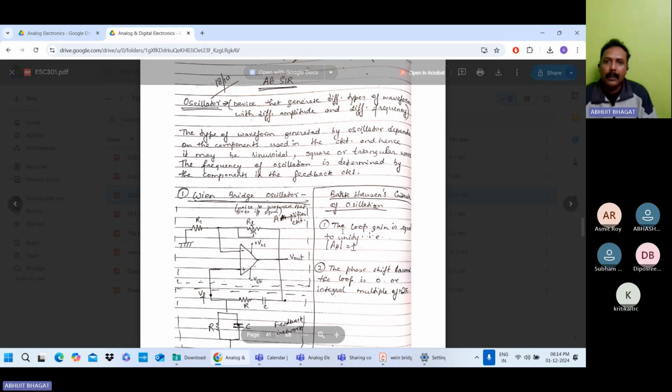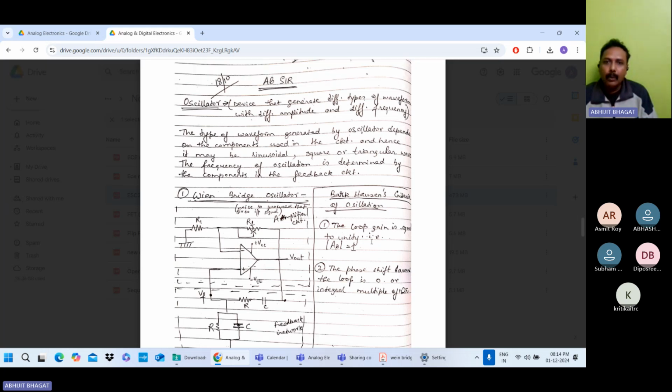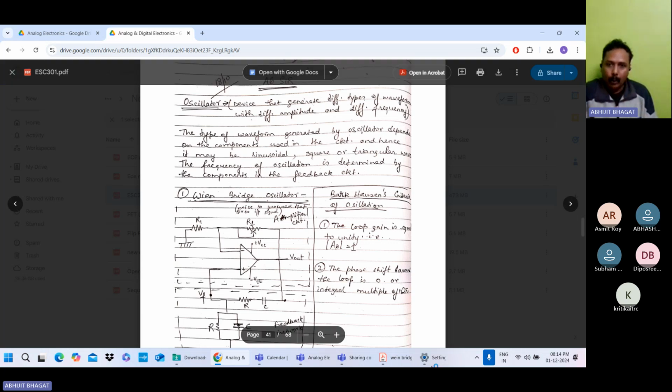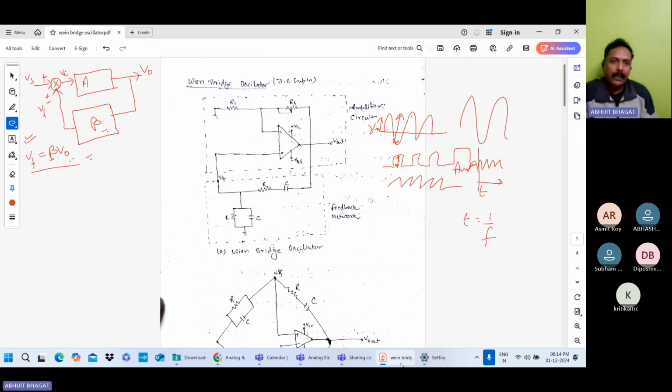The first criteria is what? The loop gain is equal to unity, that is mod of A beta equal to 1. So loop gain equal to unity. This is the first Barkhausen criteria. That means mod of A beta equal to 1, means the product of the gain of amplifier A and this beta, mod of A beta equal to 1.